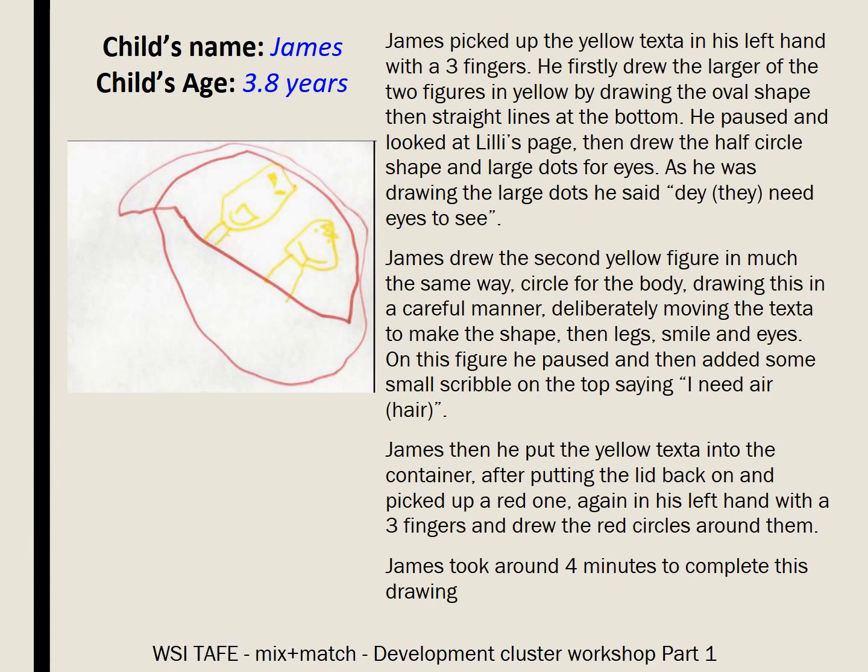So you'll see in the example work sample that I've given you, I've just put the little picture in down the bottom. You would normally have a separate page and have it a lot bigger than that. When you're writing the story, you're not interpreting. So you're writing what you see, how they hold the paintbrush, how they hold the pencil, how they pick up the blocks, what language they use.